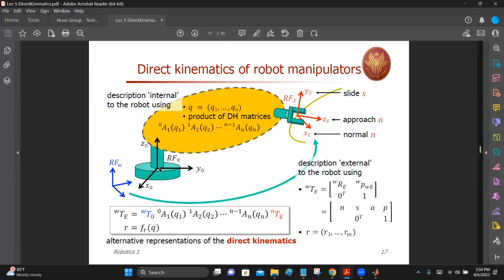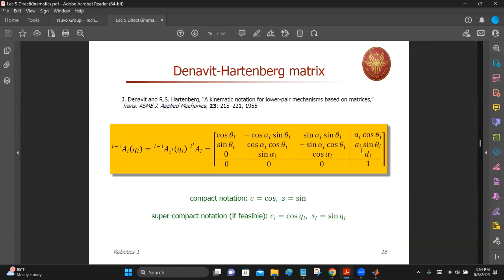Then you can write down the next coordinate frame with respect to 0. And then you can combine the first frame and the second frame, and you can write down second frame and third frame. Between any two adjacent coordinate frames, you can write down this homogeneous transformation matrix.